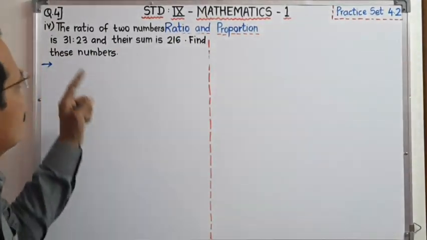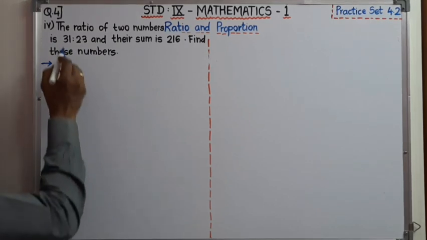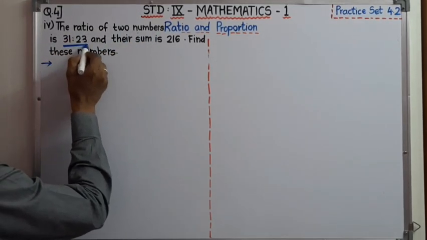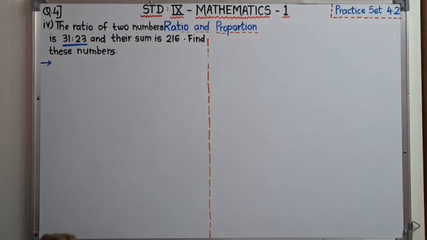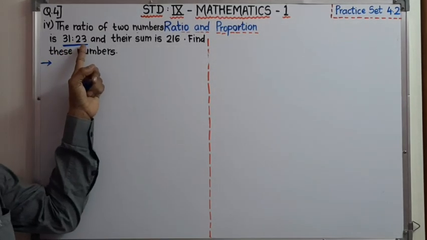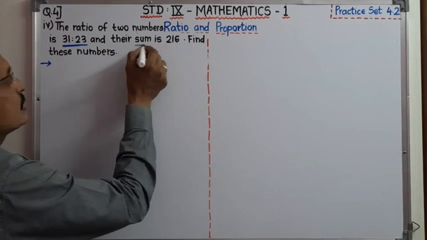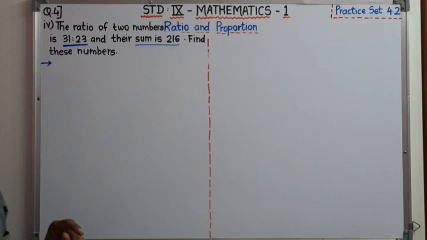Dear student, see the question number 4th one. The ratio of two numbers is 31:23. The ratio of two numbers is given 31:23 and their sum is 216. Sum is given 216.